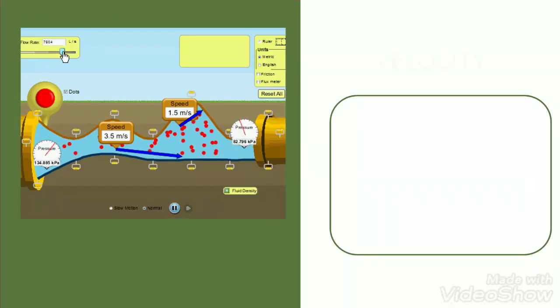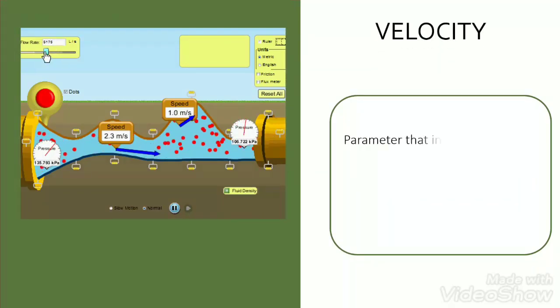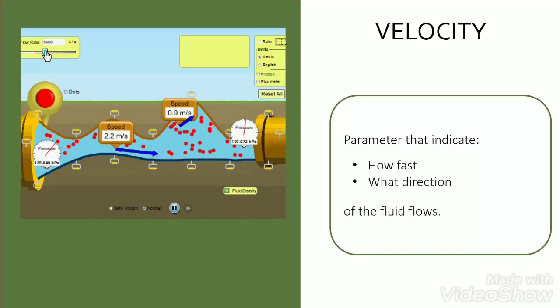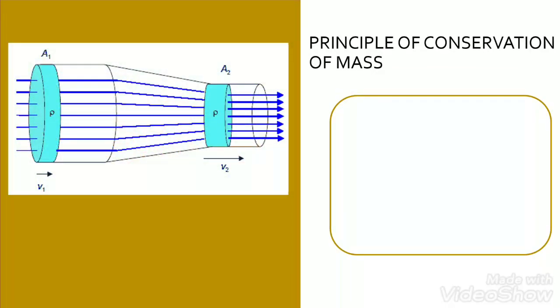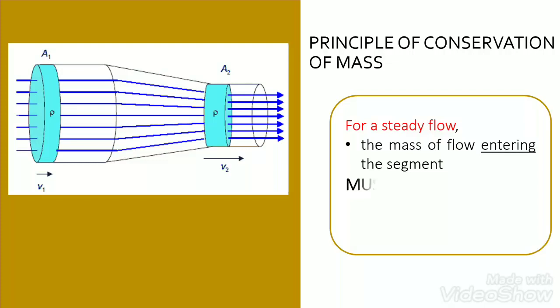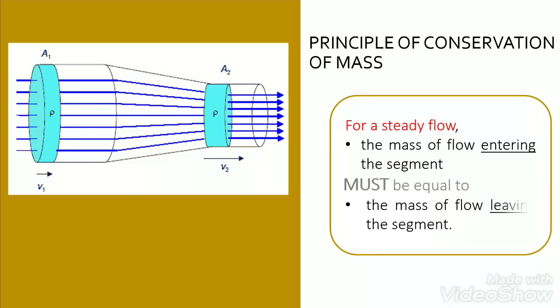Moving on to the velocity. Velocity is the parameter that indicates how fast and in what direction the fluid flows. Next is the principle of conservation of mass. For a steady flow, the mass of flow entering the segment must be equal to the mass of flow leaving the segment.